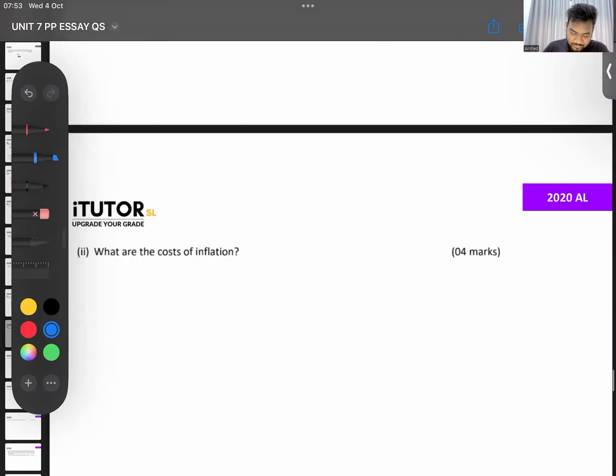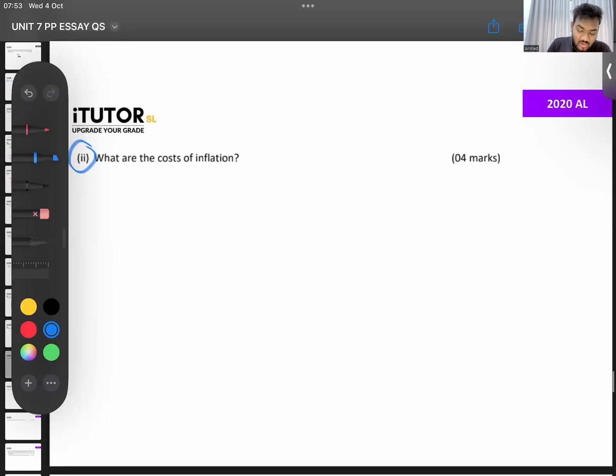Moving to the next question. Very common question again. What are the costs of inflation? What are the disadvantages? Can you give me 4 disadvantages for 4 marks? Because of inflation, one thing you can say is the cost of living increases.